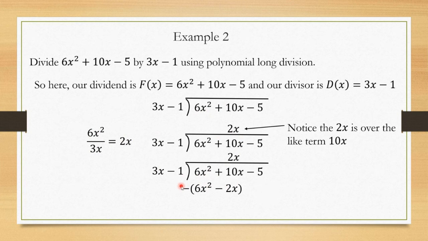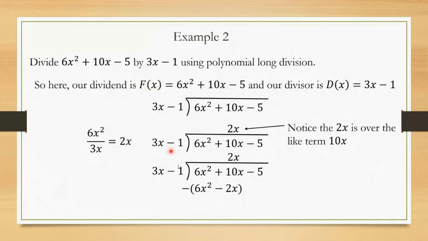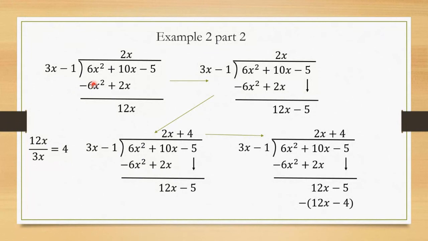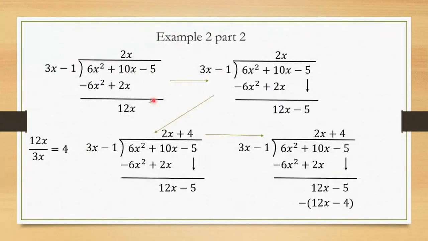And again, we're subtracting. This is what I like to do: I like to take that negative and distribute and then add. So we have minus 6x squared, right? This was minus 2x, so minus minus becomes plus.